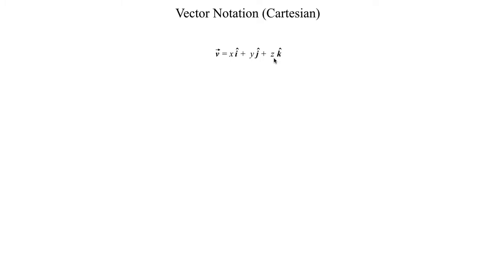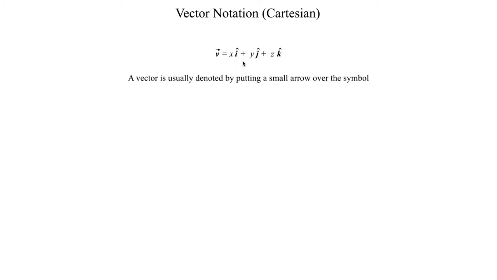The reason they're called unit vectors is because they each have a magnitude of 1. If you have a positive number in front of the k hat unit vector, then you have a vector that's extending in the positive z direction, and a negative value means it's extending in the negative z direction. Usually in the realm of meteorology, the positive z direction is upward and the negative z direction is downward.